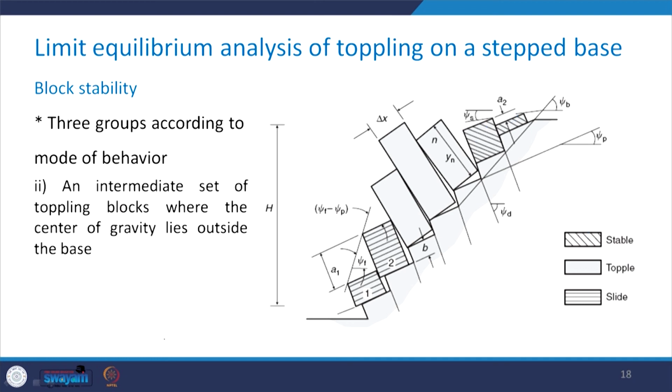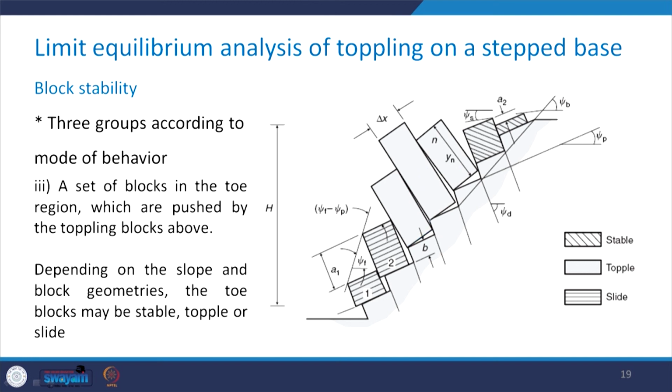The second set has the intermediate set of toppling blocks, as given by these 3 blocks in this particular figure, and in this case the CG lies outside the base. That means these blocks will topple. And the third set of blocks, which is in the toe region, are pushed by these toppling blocks.